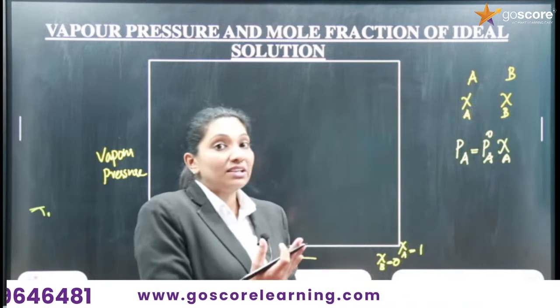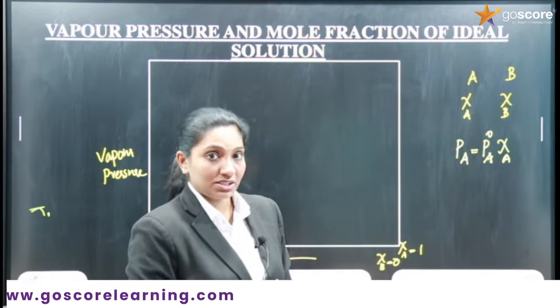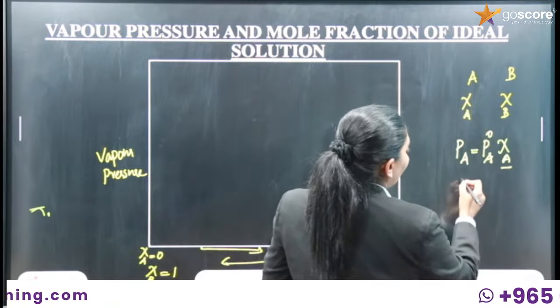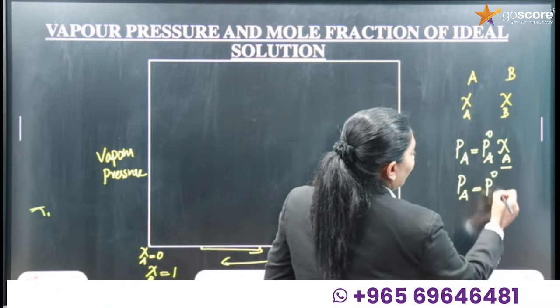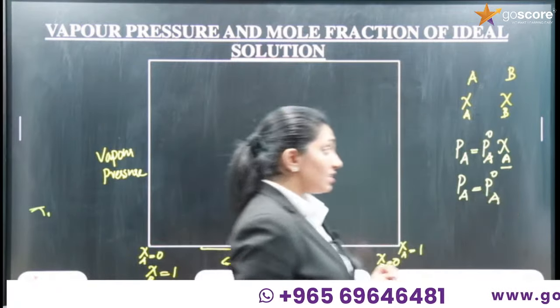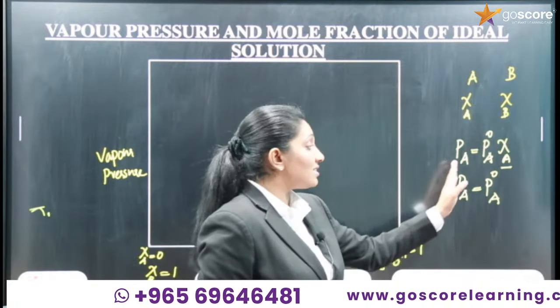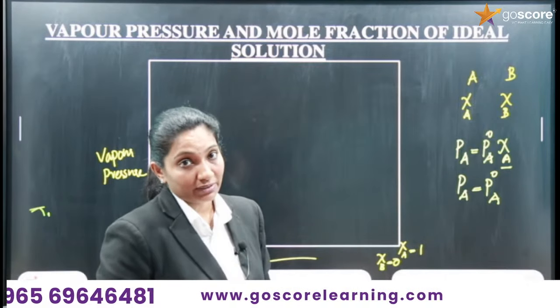As the mole fraction increases, the pressure also increases, so we will be getting a straight line, right? When the mole fraction is equal to 1, PA is equal to P naught A. So when the mole fraction is 1, the vapor pressure exerted by component A is equal to the vapor pressure of the pure component, right?